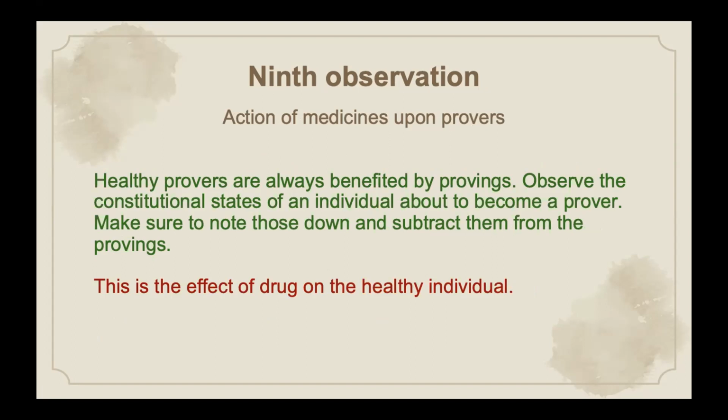But if that constitutional state has changed in any shape, way, or form with the remedy, you should note those changes down, because those are the effects of the remedy. I really encourage everyone to read Jeremy Sherr's book. When I get a chance, I'll put the name of the book in the chat. It's an excellent book about proving and how necessary it is to continue Hahnemann's work with different remedies.